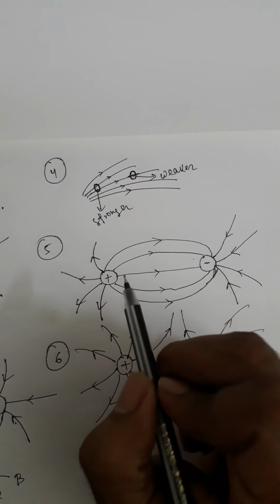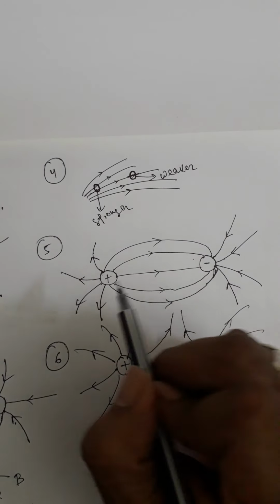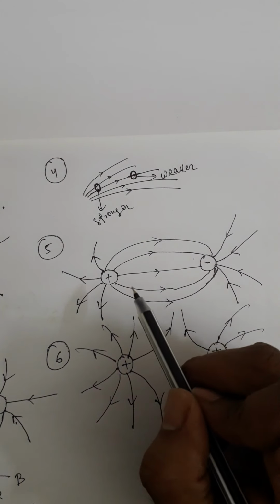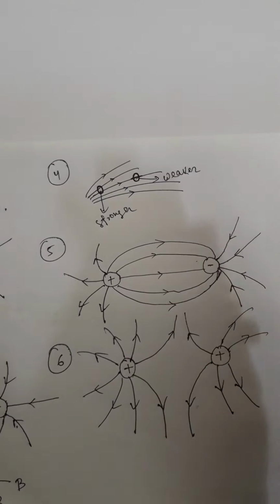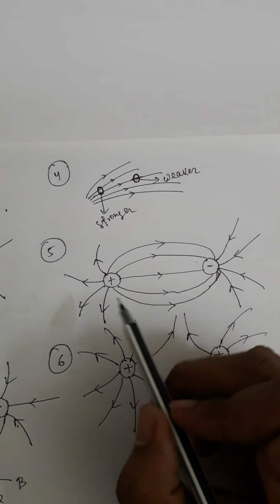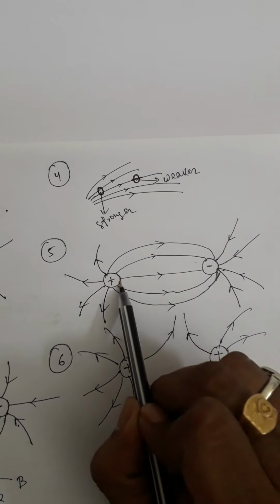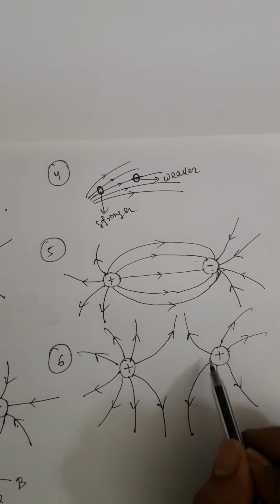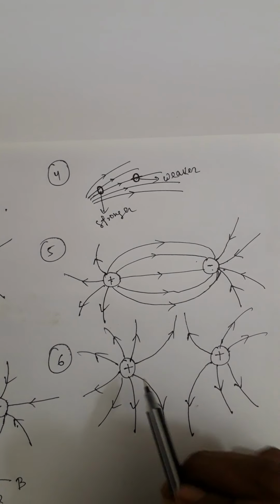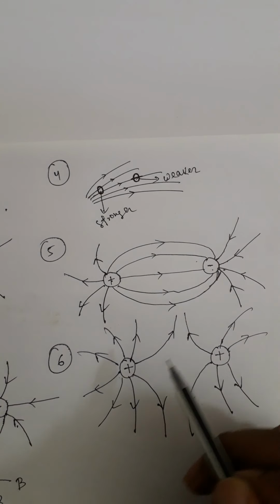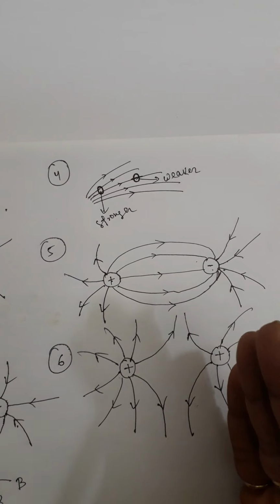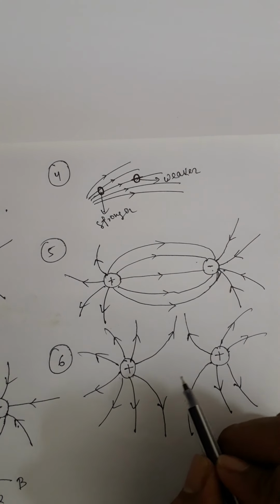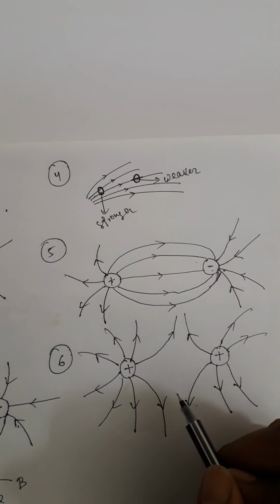We know that two unlike charges attract each other, so the lines of force tend to contract longitudinally or lengthwise due to the property that two unlike charges attract each other. And here, if we take two similar charges, the lines of force tend to exert lateral pressure sidewise because they repel one another laterally.